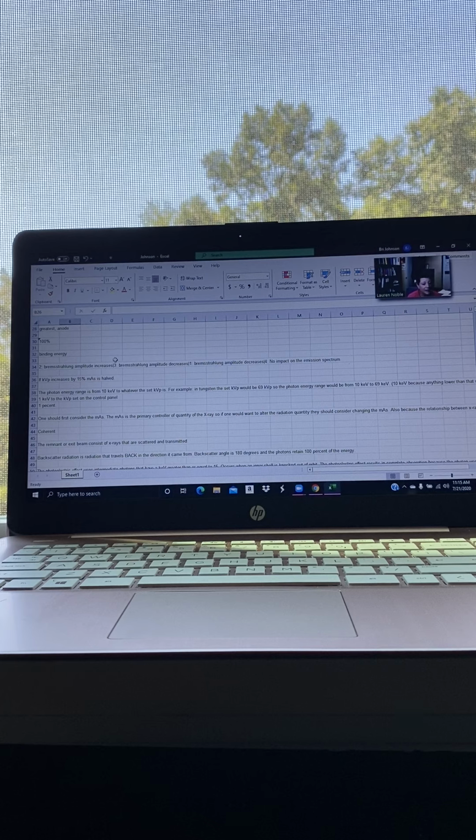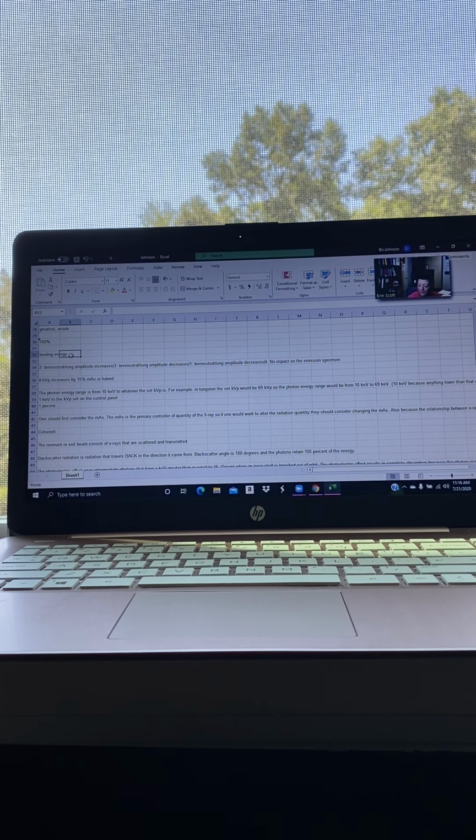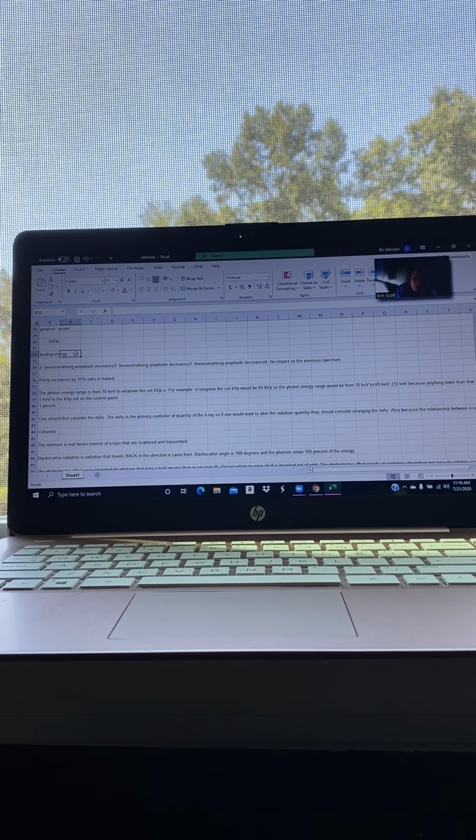If you're at 69 kVp, you do not have any characteristic interactions taking place. Everything is Brems. How come? You have to be set to 70 kVp or higher, because the K-shell binding energy for tungsten is 69.5. So 69 kVp is not enough to break that binding energy.